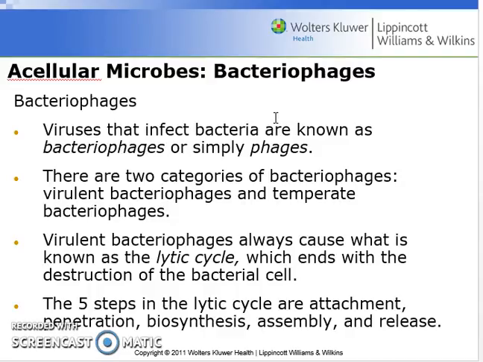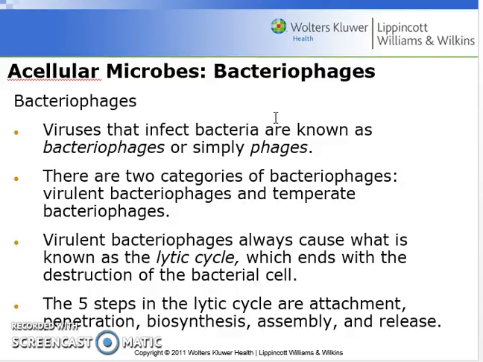When that takes place, you have the destruction of the bacterial cell once the bacteriophage tries to leave the host cell. There are 5 steps viruses use for this process of replication: attachment, penetration, biosynthesis, assembly, and release.